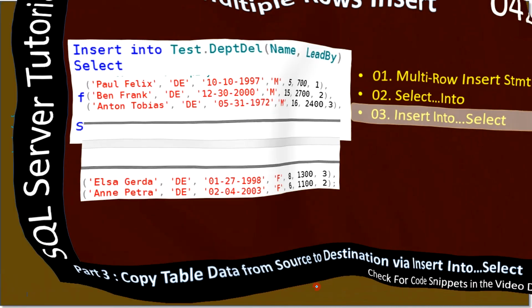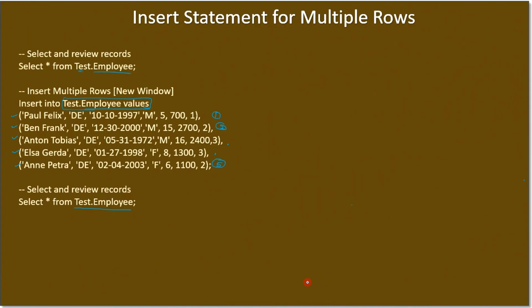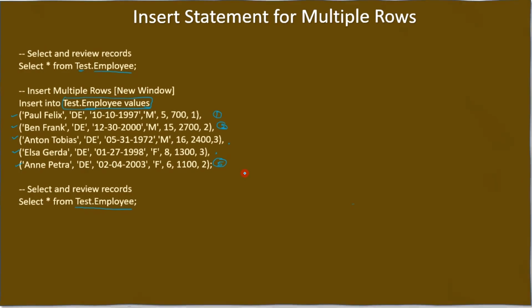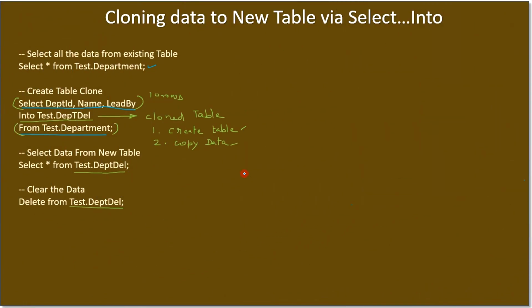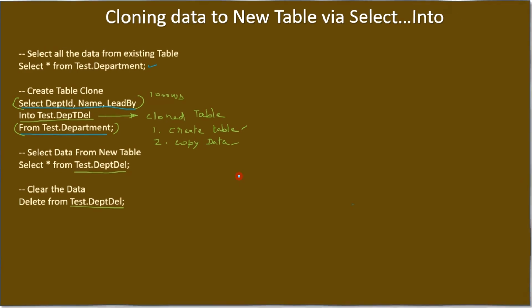Alright, now we will proceed. First we looked at how to insert multiple rows. Then we saw how to create a cloned table. In that case, the table will be created and data will be copied.